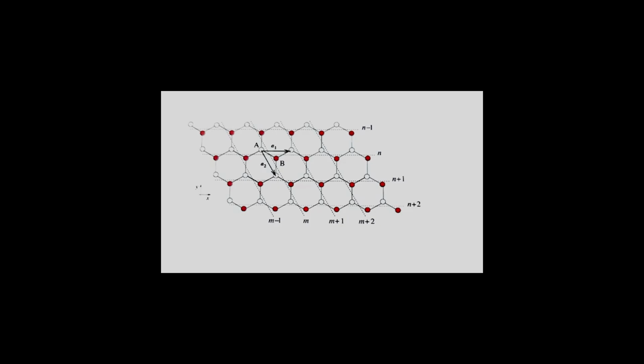And in order to demonstrate the Hofstadter butterfly, we take a ribbon like this, and this is called a semi-infinite ribbon. Okay. So, this is the semi-infinite ribbon, and now we will do this calculation.